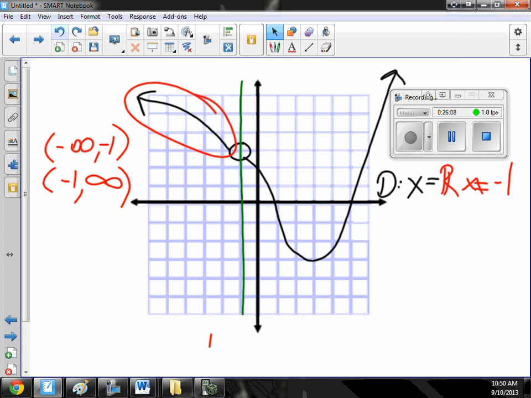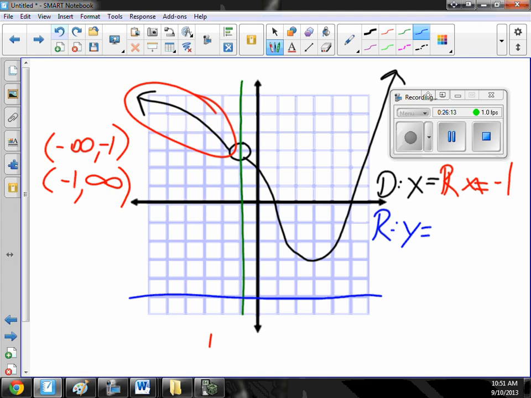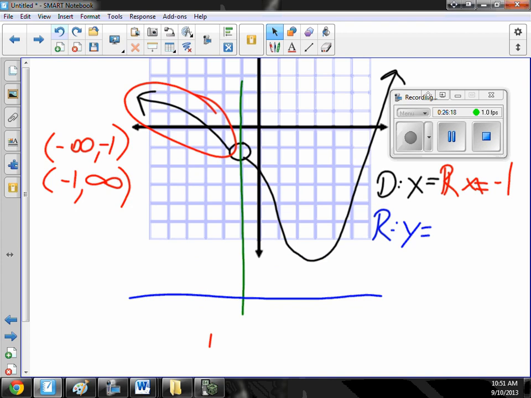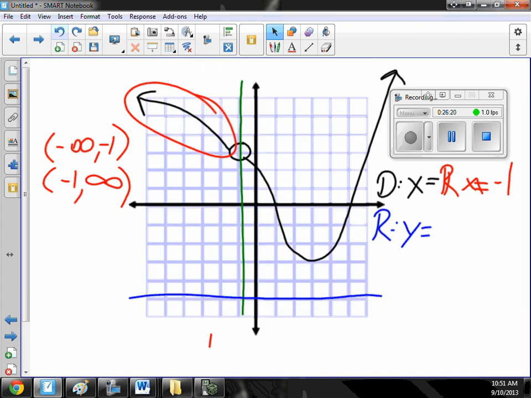Okay, let's look at the range. Y is equal to. Are there any y values that miss? These miss, right? So what about this one? Does it miss? It misses over here on the left, but does it miss on the right?